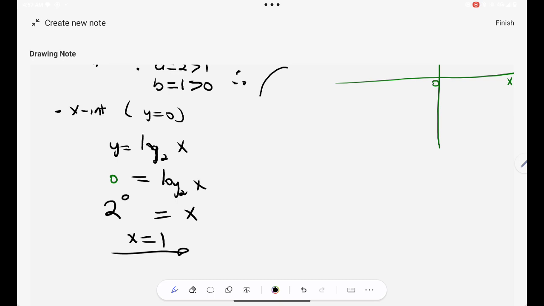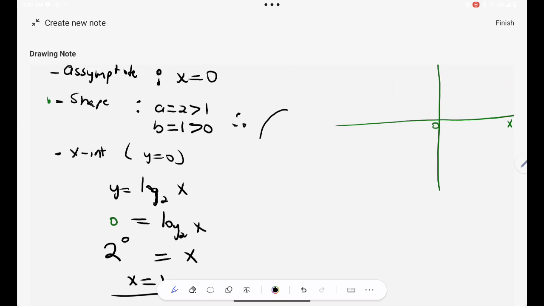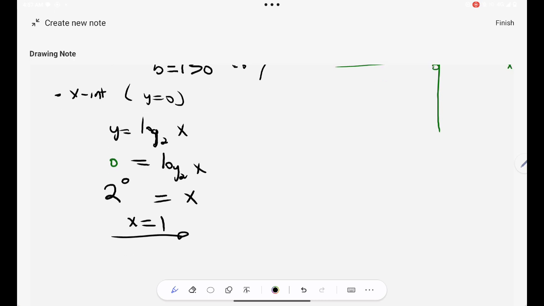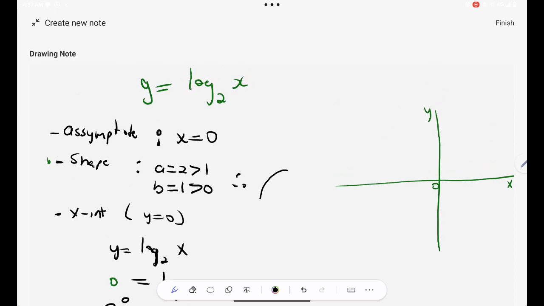Are you together? This kind of graph will never have a y-intercept. Why? Because the y-axis is my asymptote. So my graph will just look like this. It will be increasing like this, and it will pass when x is equal to 1. But if ever your graph does not have both x and y intercepts, you must indicate an extra point on the graph.